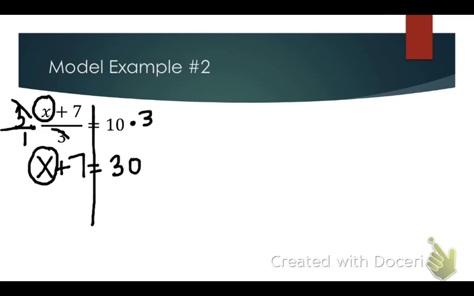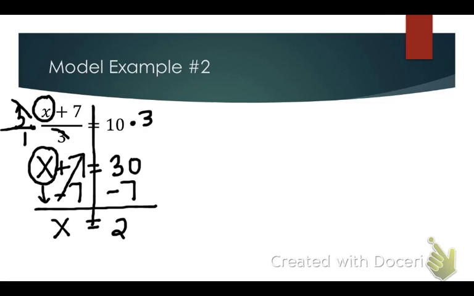So the left side of the equation reads x plus 7. So what I'm going to do is subtract 7 from both sides. I am left with x, this cancels, equal to 23.